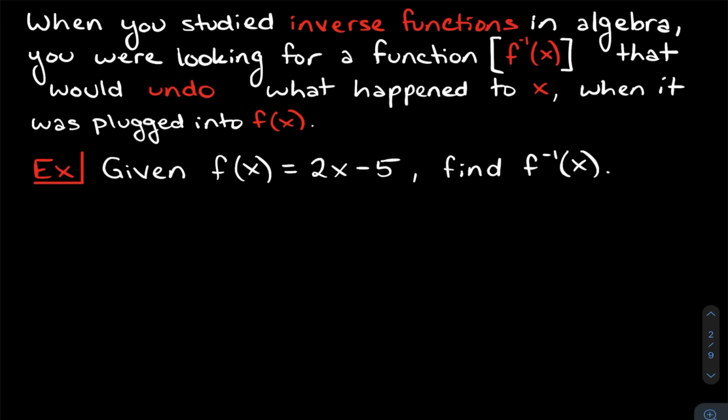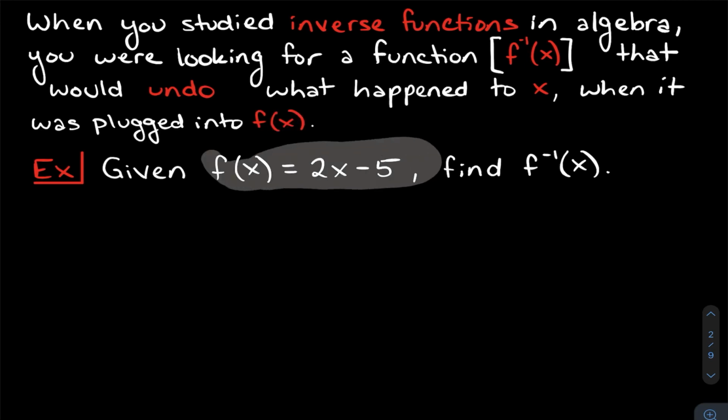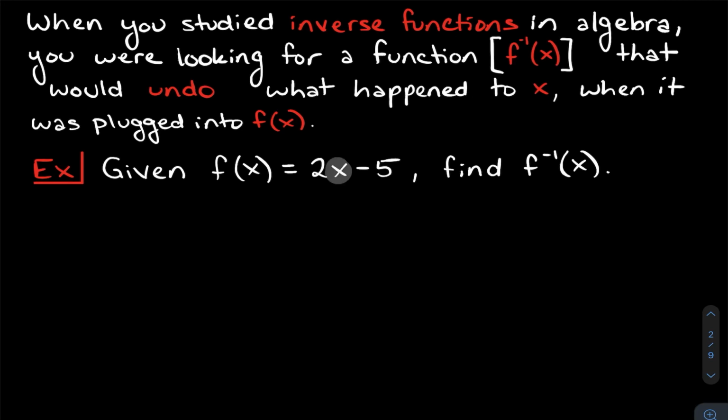So we would try to find this function f inverse, and this function would undo all the different things that happen to x when it's plugged into f of x. For instance, in f of x right here, you can see that this x gets multiplied by 2, and then you have a subtraction of 5, right?